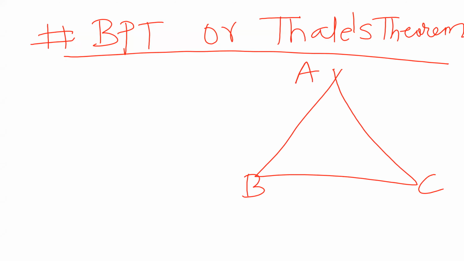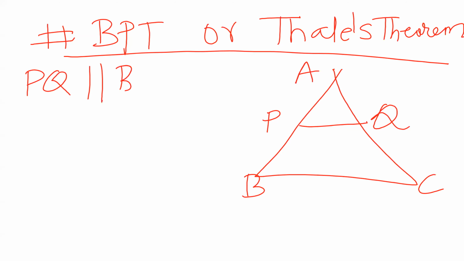The statement of Thales theorem is: if a line is drawn parallel to one side of a triangle, meaning PQ is parallel to BC, then it divides the two sides in the same ratio.